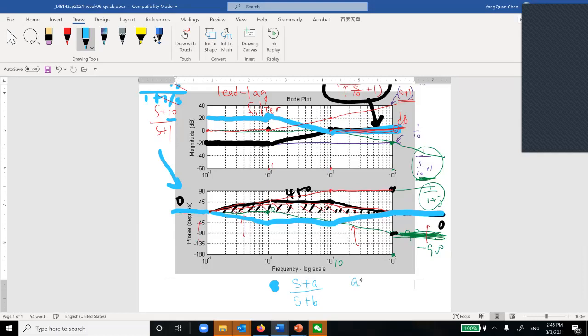A greater than B is lag; A less than B is lead. Sorry, A greater than B is lag, then it's lead. This is the case for the black one: A is 1, B is 10. So the phase goes from 0 to bigger and back to 0 again.